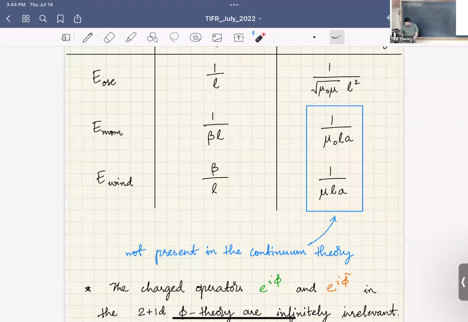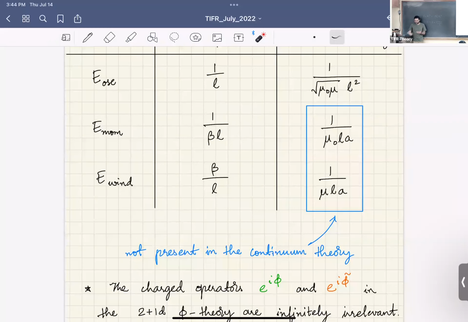But for the momentum and winding modes, they scale as 1 over A. A typical lattice configuration would have an energy which scales as 1 over A squared, which is parametrically larger than the momentum and winding modes. So in that sense, you can still differentiate between the momentum modes, these minimal energy charge states, and a generic configuration on the lattice. There is a sense in which you can separate them and still talk about it.